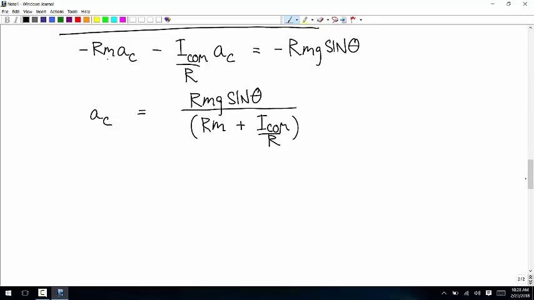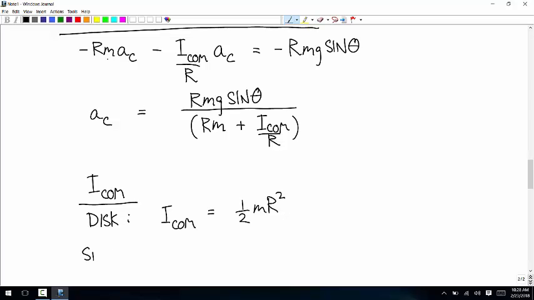To make a little more sense out of it, let's think of the mass moment of inertias for a few of the round shapes that we've dealt with. So ICOM for a disk was equal to 1/2 times the mass times R squared.